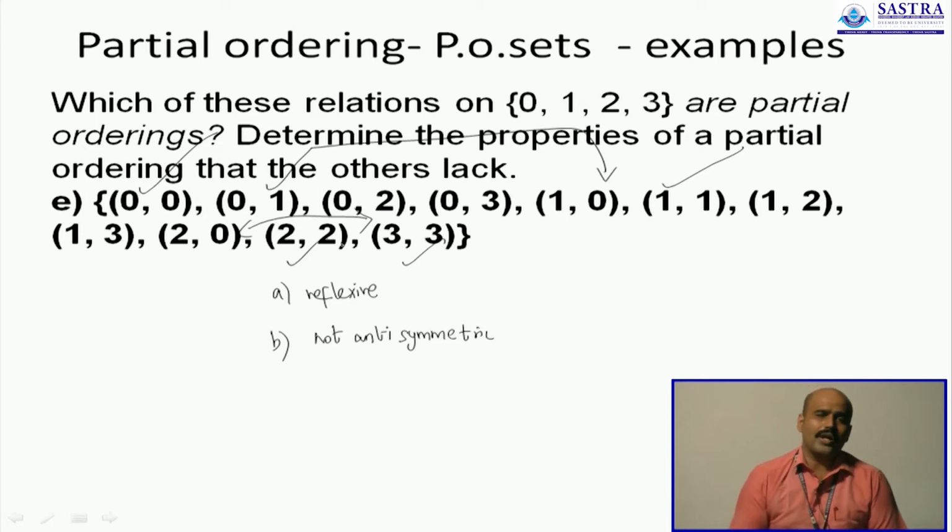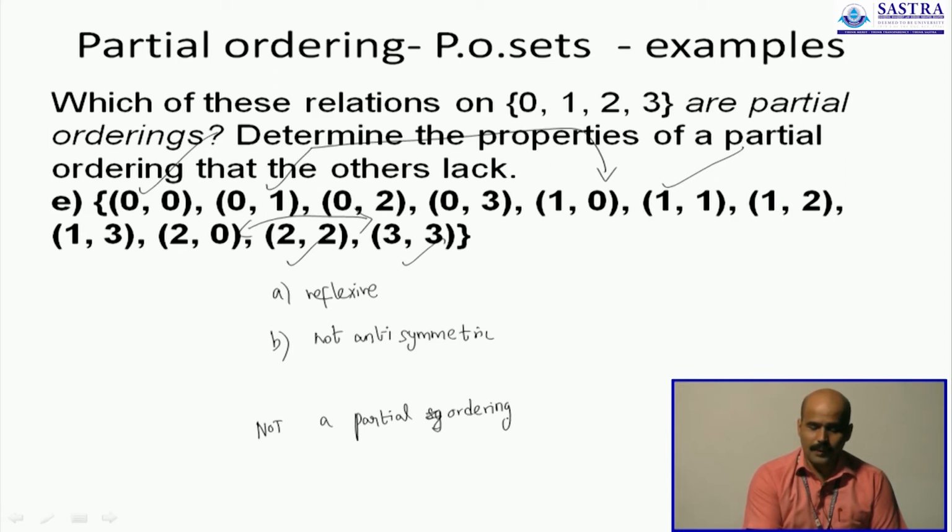Hence, this is not antisymmetric. So you don't have to check the transitive nature of the relation. You can clearly claim that the relation is not a partial ordering, because it is not antisymmetric.